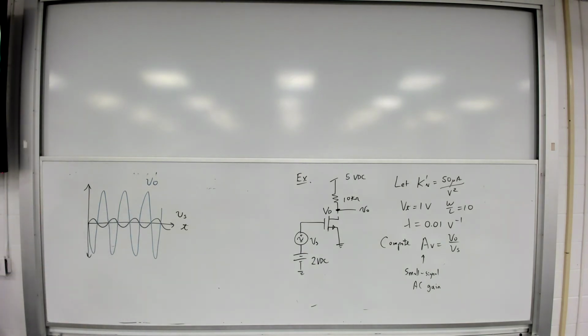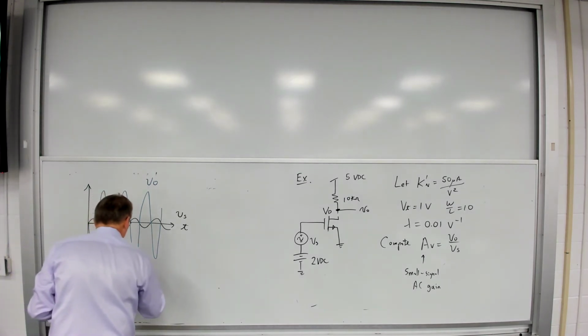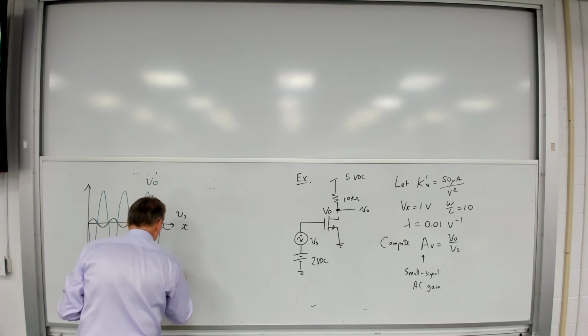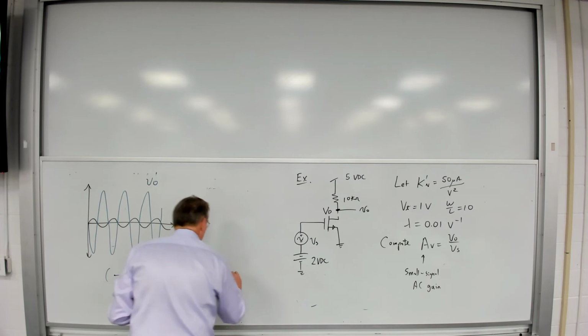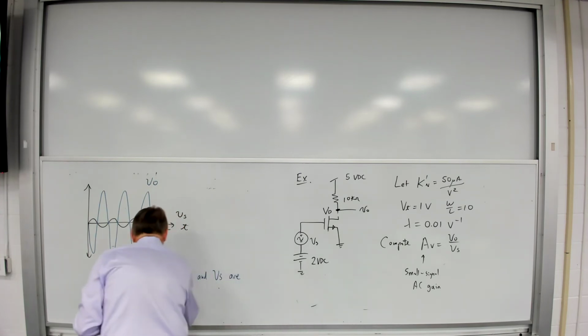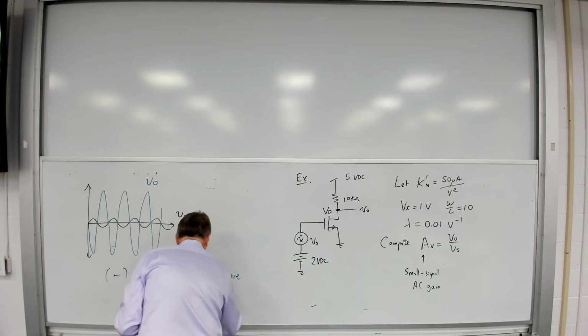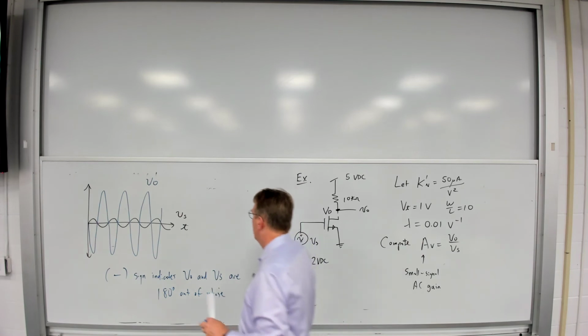So that negative sign indicates 180 degrees out of phase. In other words, it's an inverting amplifier.